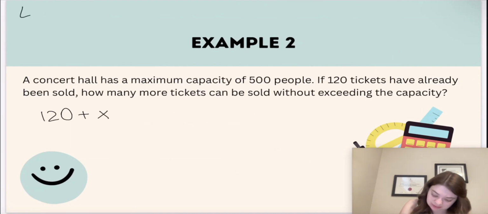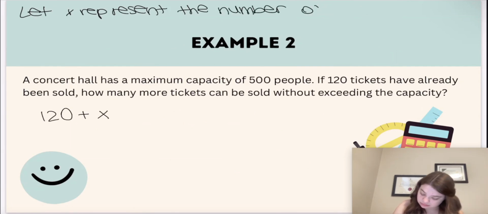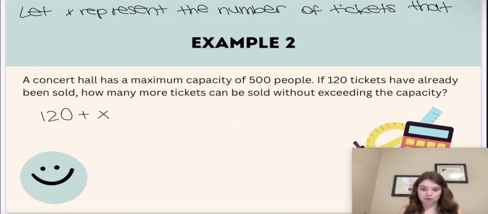We're going to let x represent the number of tickets that will be sold in the future but have not yet been sold, so not part of the 120 that already have been sold.